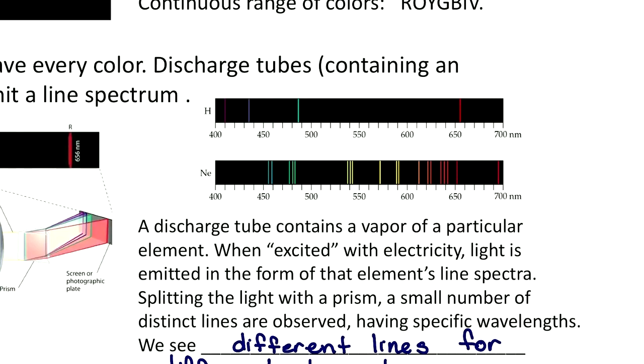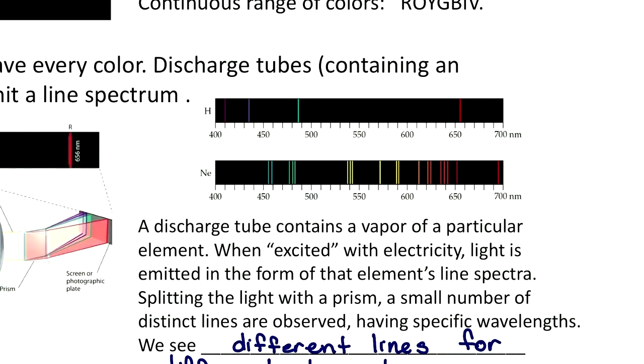All right, and what do I mean by excite? They would just fill up a tube of hydrogen gas and plug it into a wall socket. They would fill up a tube with neon gas and plug it into a wall socket and it would glow. That sounds a lot like a neon sign, right? Because it is a neon sign.